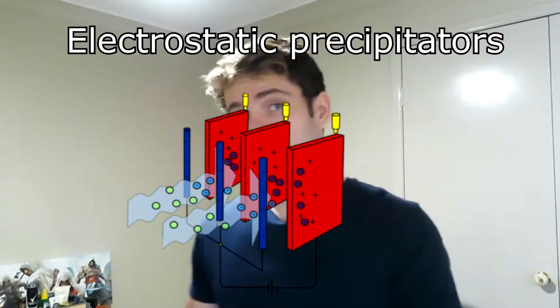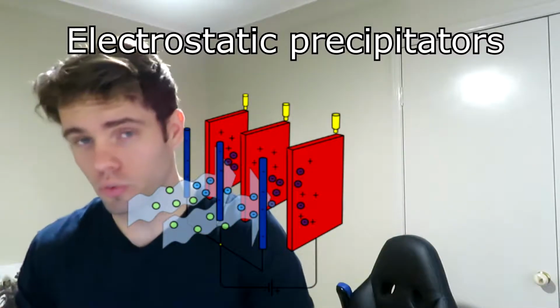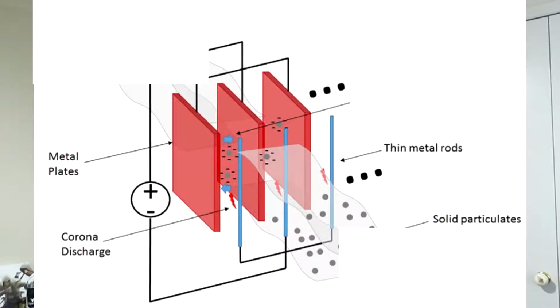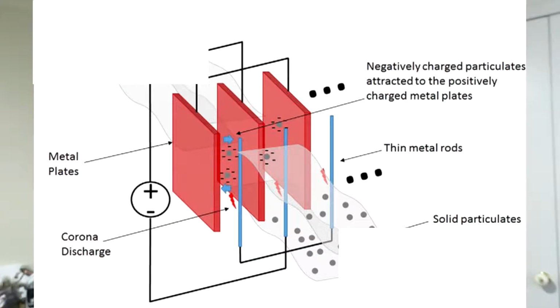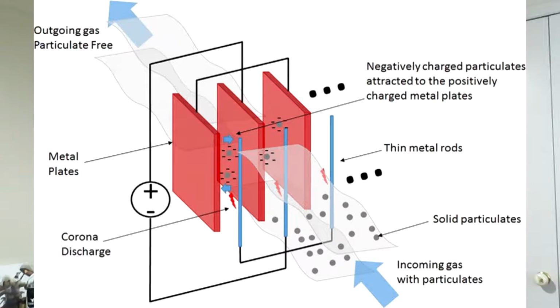Electrostatic precipitators, which are used in the majority of modern day smokestacks, have two electrodes. One produces a negative charge, the other captures the negatively charged particulate matter that's of interest.